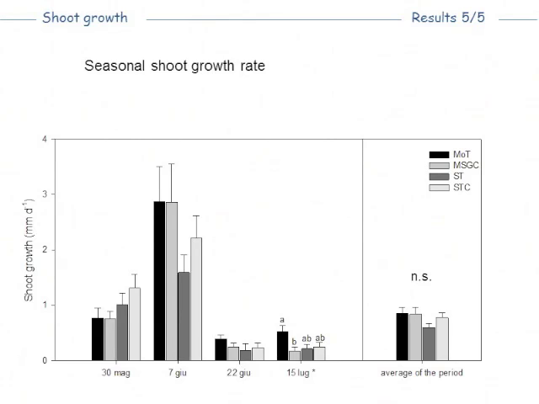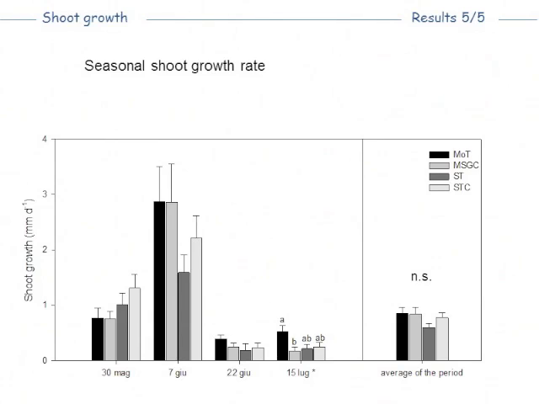About the seasonal shoot growth rate, we can see that the difference was not significant, even though there is a quite higher growth in the first period with the grasses. So at least in this trial, we didn't have any big competition between grasses and the growth of the shoots.